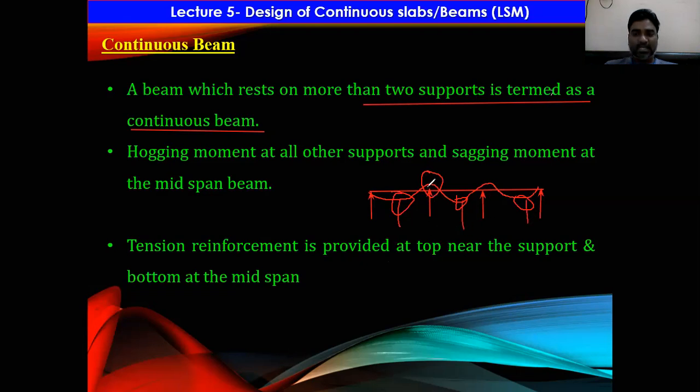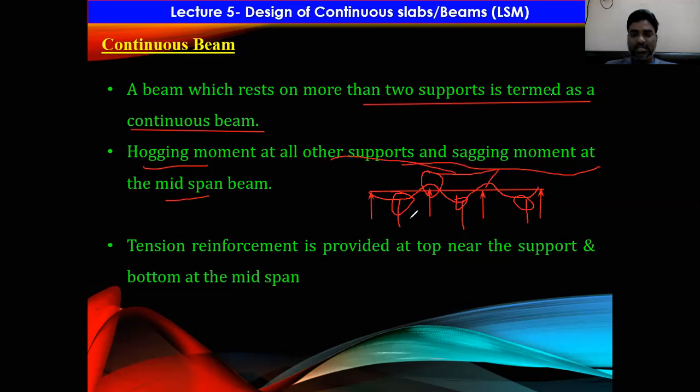Hogging bending moment occurs at the supports. These are all called hogging bending, that means negative bending moment. So from this diagram, it is clear that positive bending moments occur at midspans and negative bending moments occur at the supports. That is, hogging bending moments at the supports and sagging bending moments at the midspan, right?